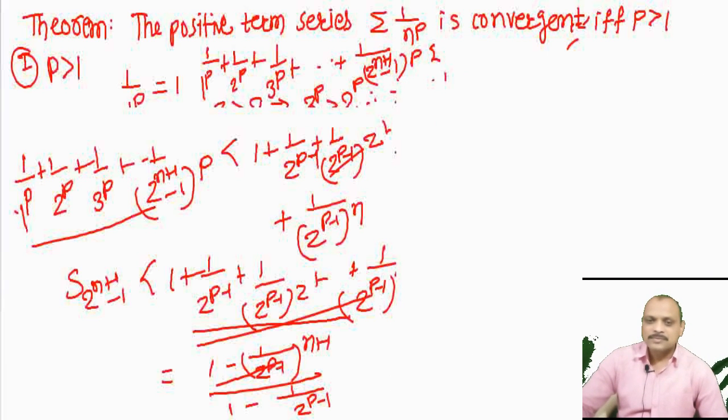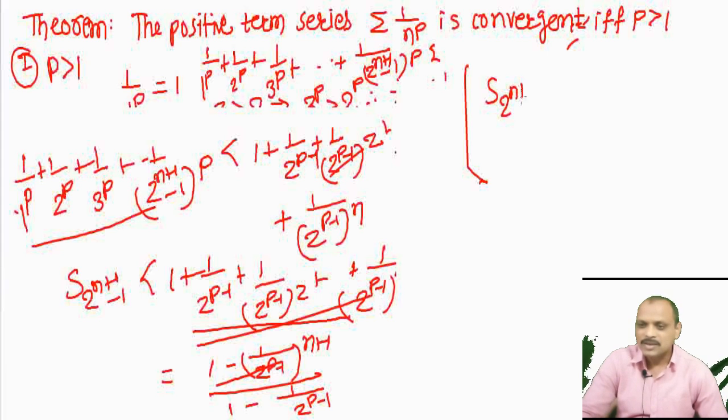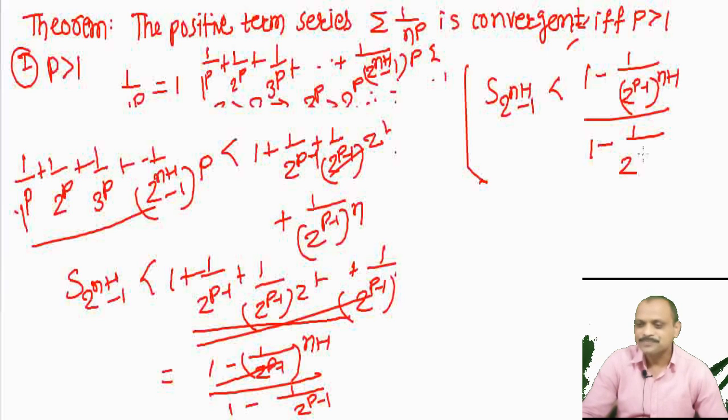Now here you can see that S of 2 raised to n plus 1 minus 1 is less than (1 minus (1 divided by 2 raised to p minus 1) whole raised to n plus 1) divided by (1 minus 1 divided by 2 raised to p minus 1).